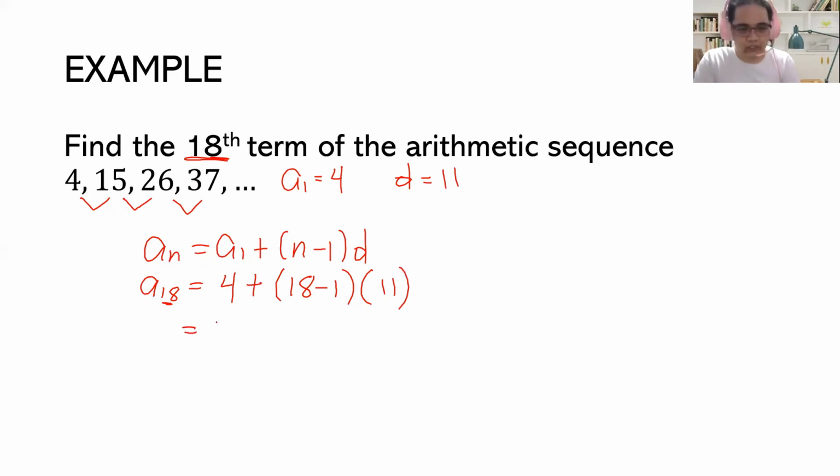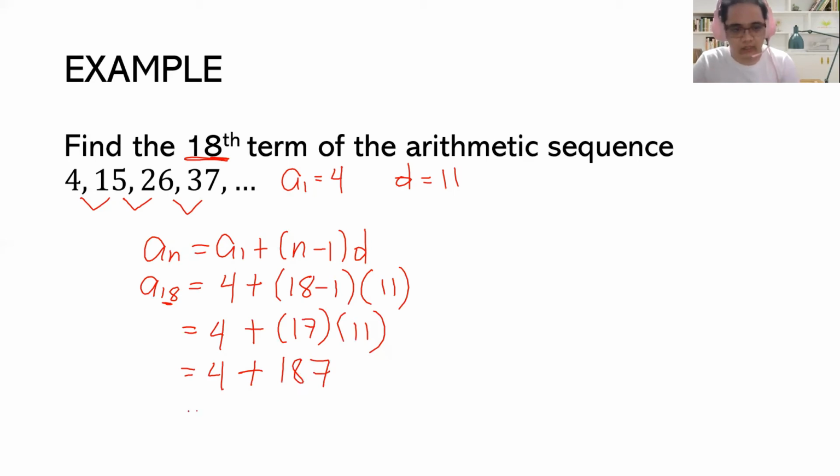So simplifying further, we have 4 plus 18 minus 1, that will be 17, times 11. And then again, 4 plus, ang kailangan nating unahin is yung multiplication lagi. Pag ang kasabay niya ay addition. So we have 17 times 11. So that will be 187.